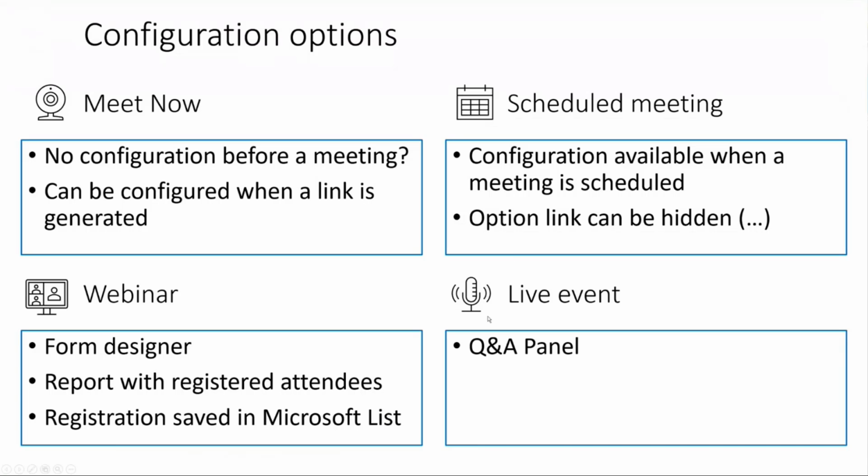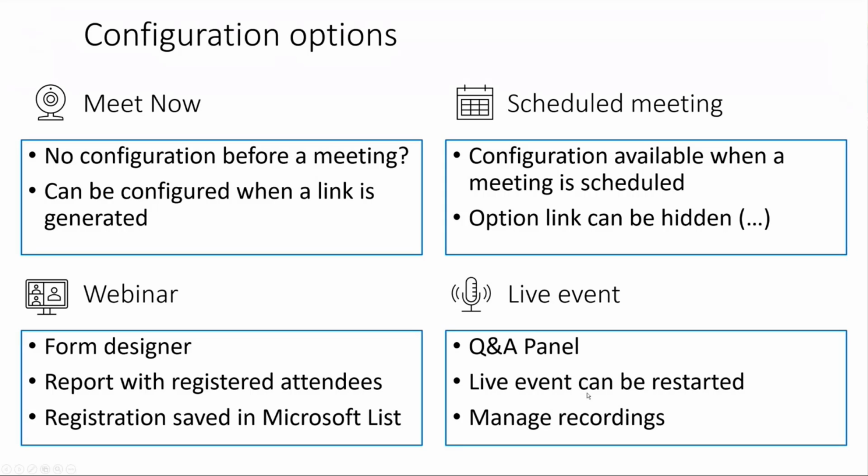So about live events, what's important is to enable the Q&A panel if you want to talk with your attendees. And what's the most important thing, you can restart your live event, so you don't need to worry about some tests before the event. And select if you want to enable recordings for your attendees or not.